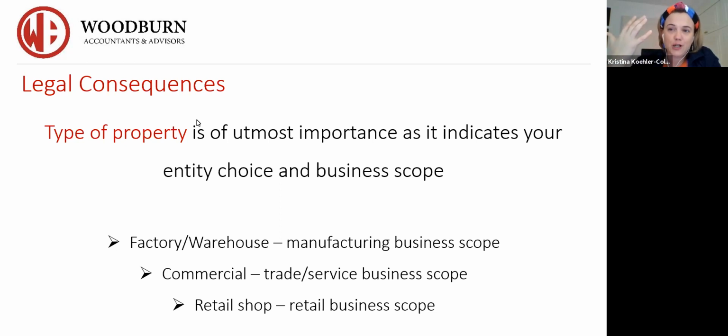If you are doing production, you can only be in a factory or warehouse space. You can't be in a commercial space. If you're stating that you're going to do retail, you have to have a retail shop, right? That is matching, okay? If you're doing retail in the future, then only add retail and update your business scope later on, because you don't want to pay for a lease of a retail shop that you're never going to use until 1 or 2 years down the road.